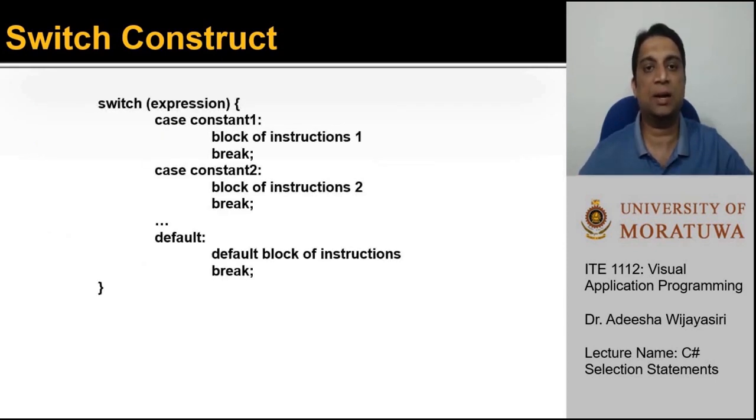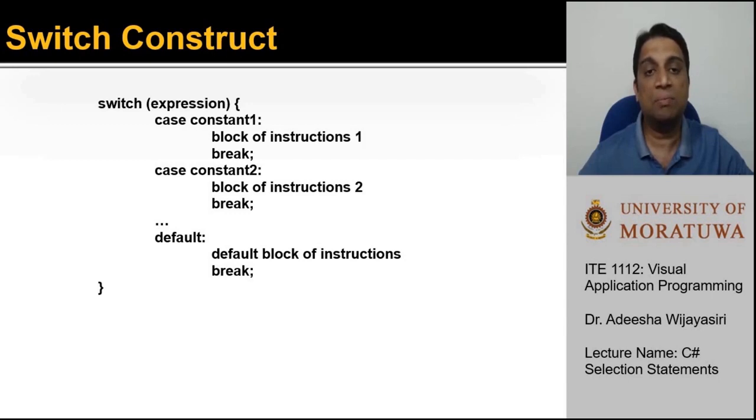Syntax of the switch construct is shown in this slide. You need to include the expression in parentheses following the switch keyword. Then in the brackets you can put the constant values that need to be checked against the expression as different cases. In each case you can have a set of statements to be executed if that case matches the expression.